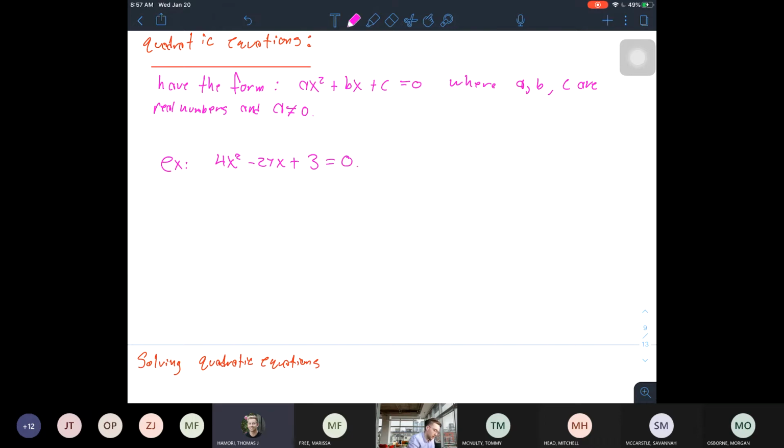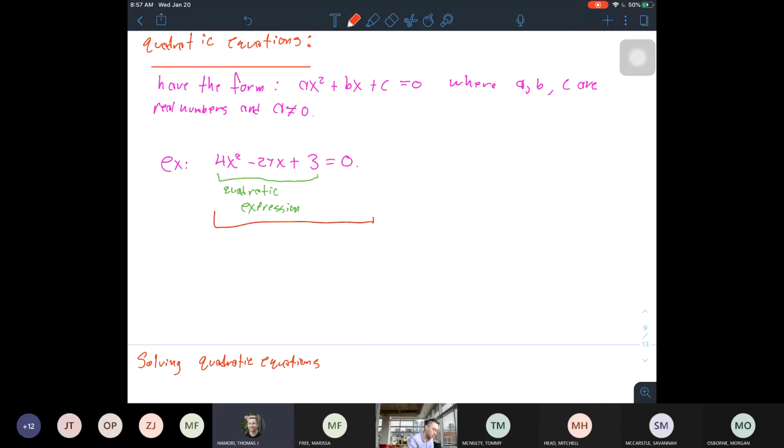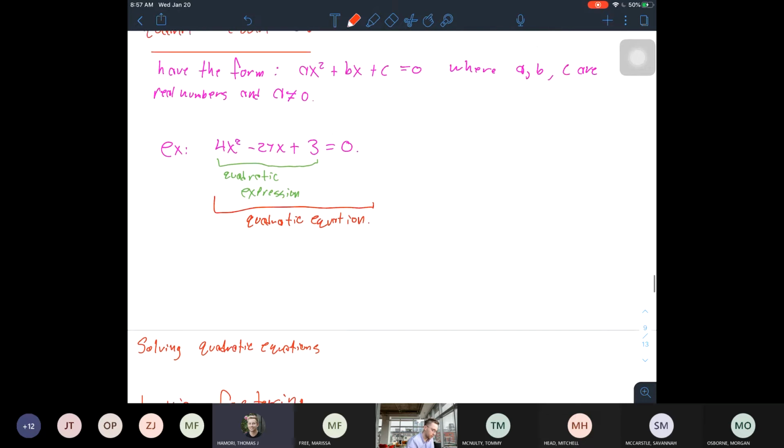And remember, this left-hand side is what we might call a quadratic expression. And the entire thing, equal sign and 0 included, we might call a quadratic equation. That's the difference again between expression and equation.